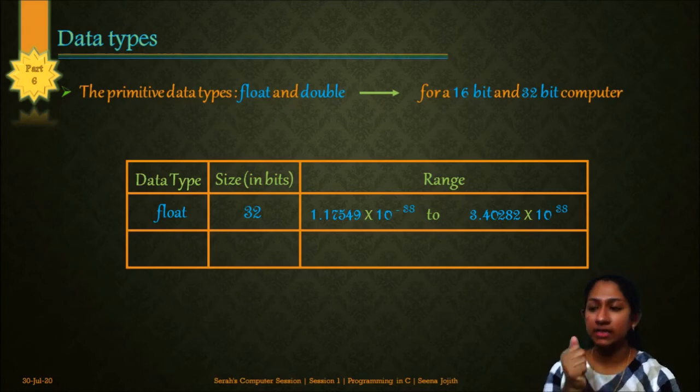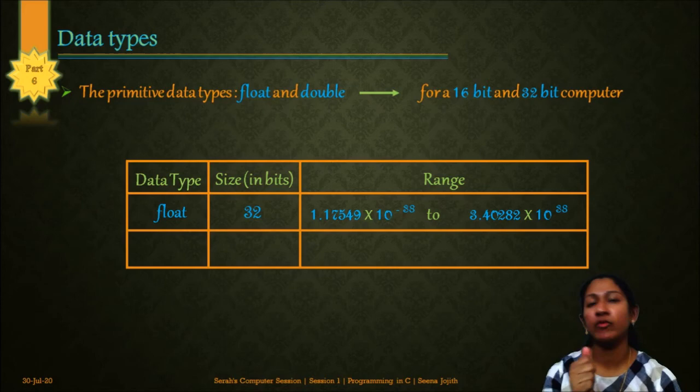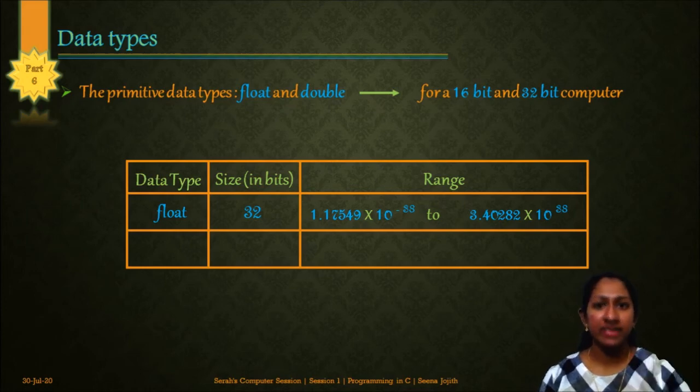I think I forgot to tell one point when I was explaining the sign modifiers in the previous slide. When you give a modifier as signed, or by default when the compiler takes the modifier as signed, the compiler has to understand whether whatever we input is a positive number or a negative number. How does the compiler understand?